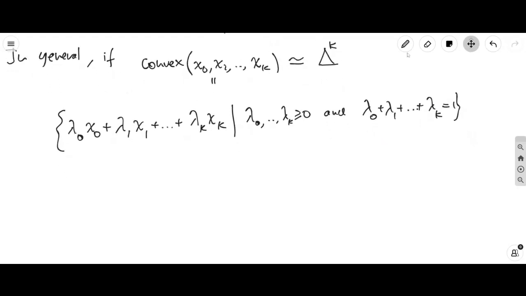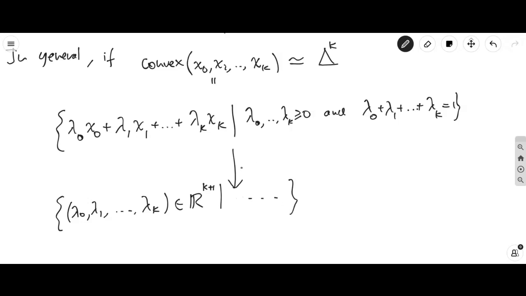And furthermore, there's a homeomorphism. So what's the homeomorphism? There's a homeomorphism from that to the standard simplex, and the homeomorphism is simply the coefficients that you're getting. So this is going to be in R^(k+1) with the exact same conditions. So that's going to be your homeomorphism. I'm making a lot of claims over here. They're pretty believable, and I'm not going to verify these, like for instance, why the convex hull is equal to that.